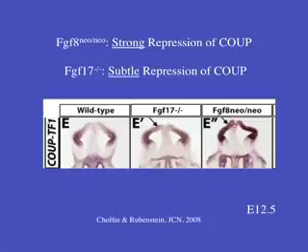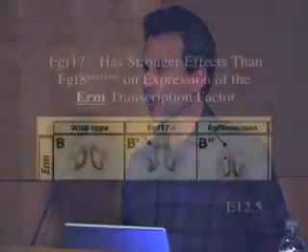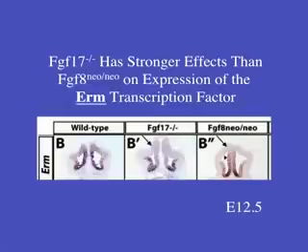Whereas in the FGF17 null mutant, now this is a hypomorph and this is a null, there is a subtle increase of CoupTF1. It does not allow CoupTF1 to come into the dorsal cortex as much as FGF8. So FGF17 has a brake on CoupTF1, but not a real strong brake on it. On the other hand, FGF17 seems to be more important for promoting the expression of other transcription factors.